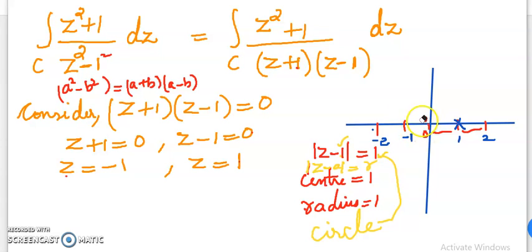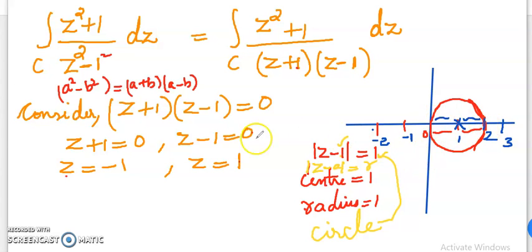So we draw the circle like this, with 1 unit here and similarly 1 unit here, touching 2 and 0. This point is 2 and here it is 3, like that. So center 1, here it is 1 unit, here it is 1 unit.